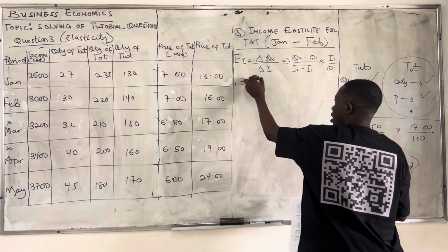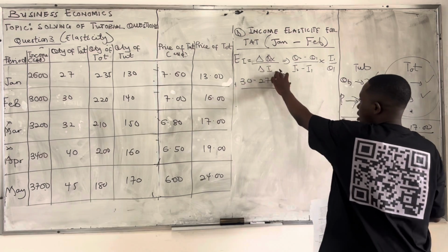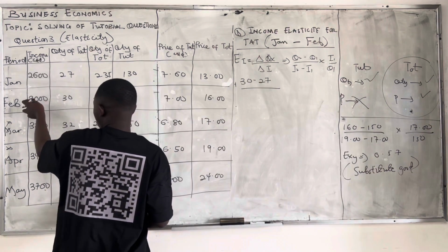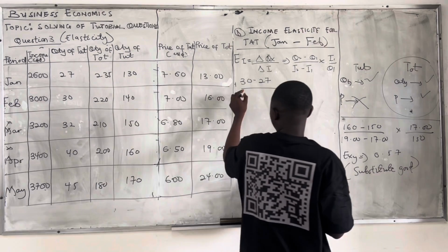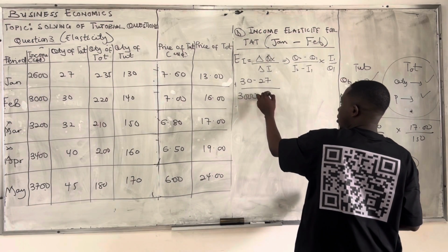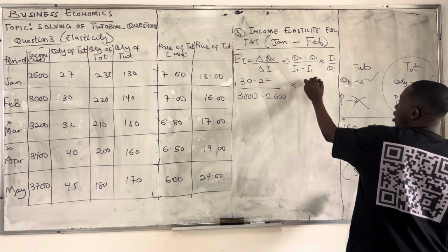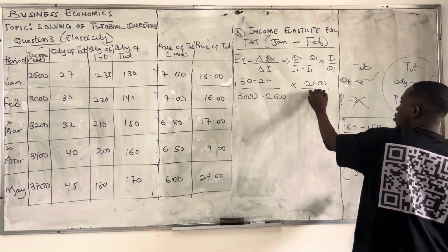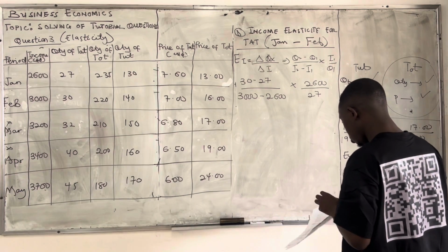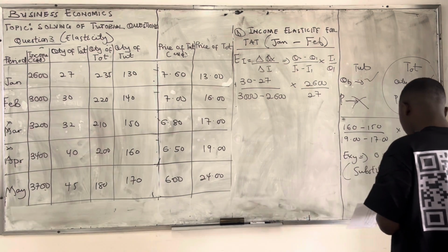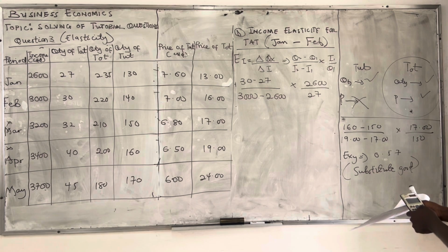So I have 30 minus 27 divided by income, so 3,000 minus 2,600, times 2,600 divided by 27. So I have 30 minus 27 divided by 3,000 minus 2,600, times 2,600 divided by 27.